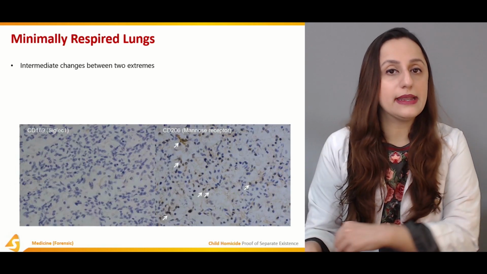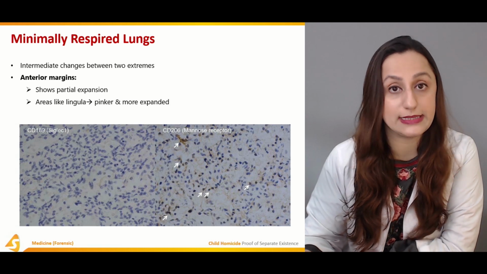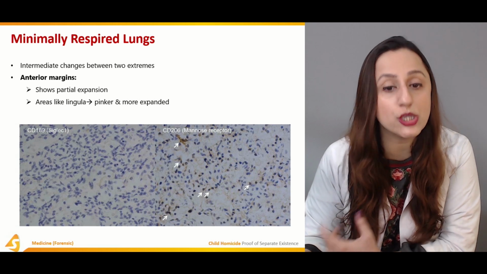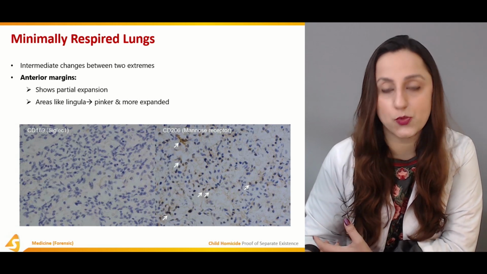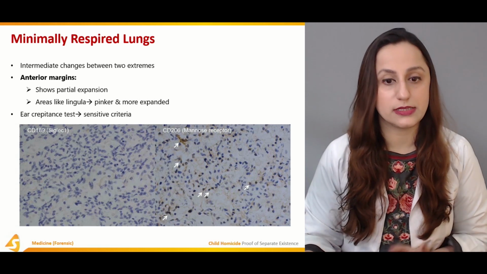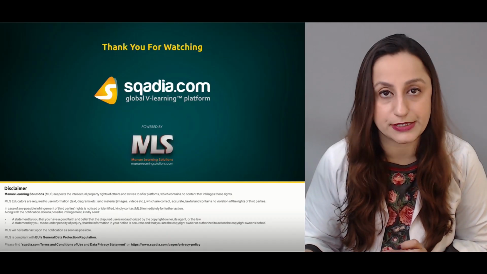The minimally respired lungs show their own size. The intermediate changes between the two extremes are quite evident over here. The anterior margins show partial expansion, and the lingula is pinker and more expanded in such cases. The ear crepitance test, when carried out, gives you a very sensitive criterion over here.